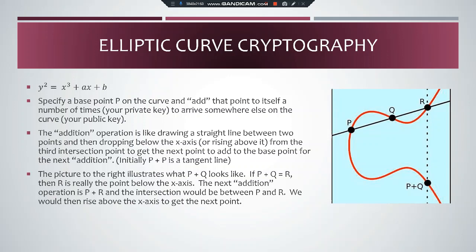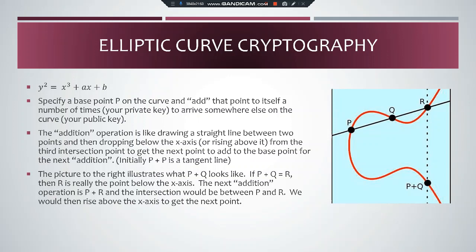The addition operation is like drawing a straight line between 2 points and then dropping below the x-axis from the third intersection point on the curve. Once you drop below the x-axis, if you are above it to begin with, or you rise above it if you're below it to begin with, that comes up with your next point that you then add P to again. To start with, you add P to itself, and this is a tangent line.